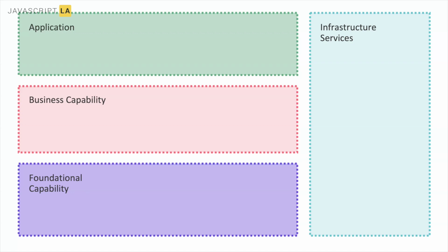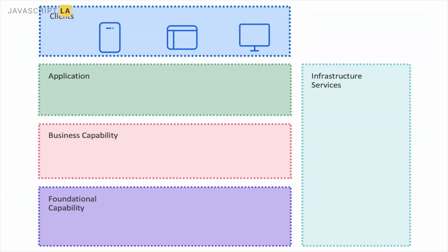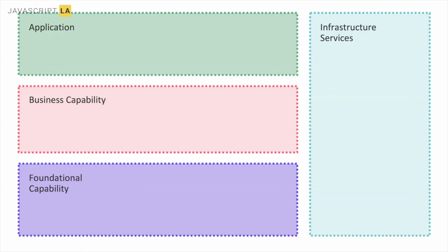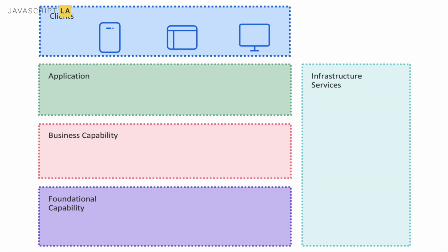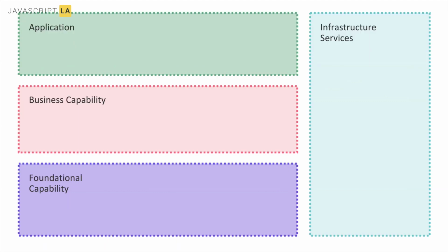Again, these might have different names, but generally there's these main concepts. And just for some context, these would all live underneath a client tier. So there's clients, and then there's all the server side stuff, and I'm just going to be talking about the server side stuff for the most part.